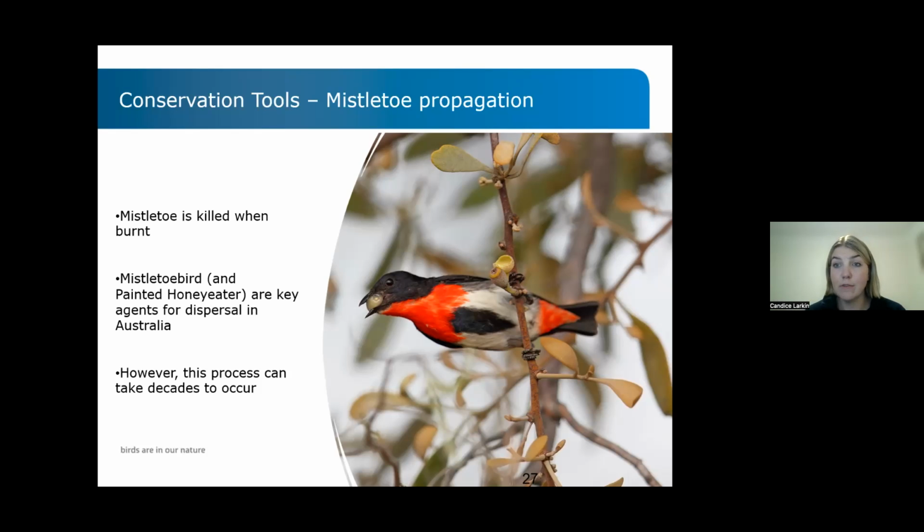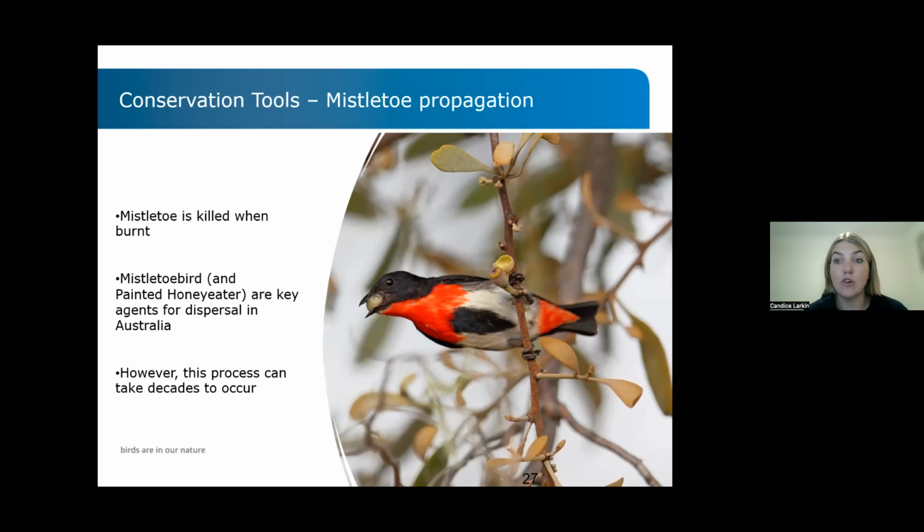And most of the heavy lifting on mistletoe propagation is done by the mistletoe bird, but the painted honeyeater also helps in the regeneration of mistletoe. Due to these bushfires we had, that were just like nothing we'd ever seen, we decided that we could help boost the process by manually planting mistletoe and assisting these mistletoe birds with the heavy lifting.